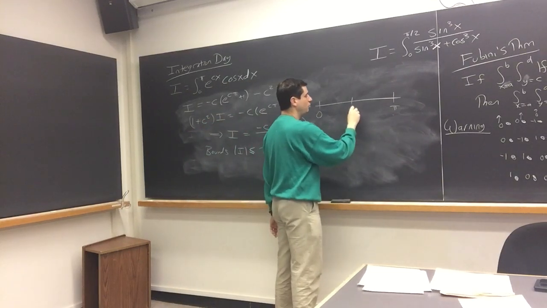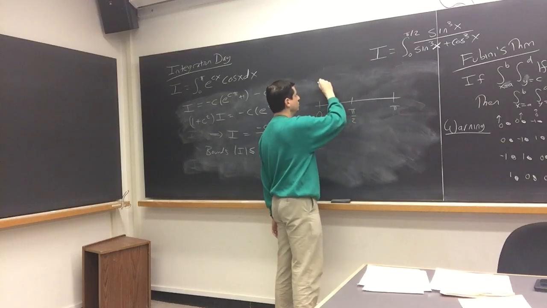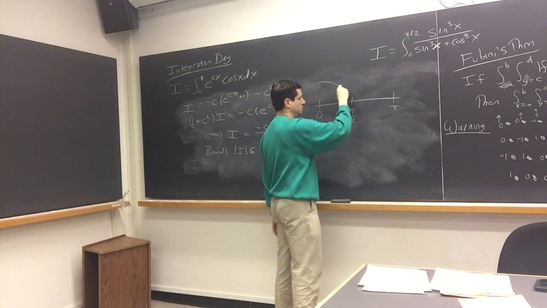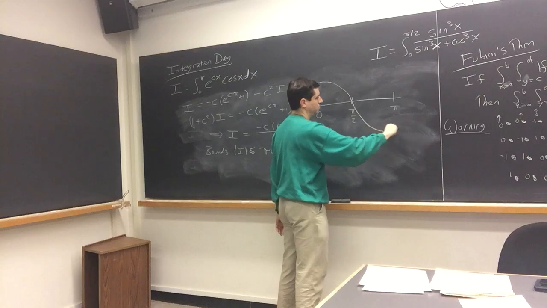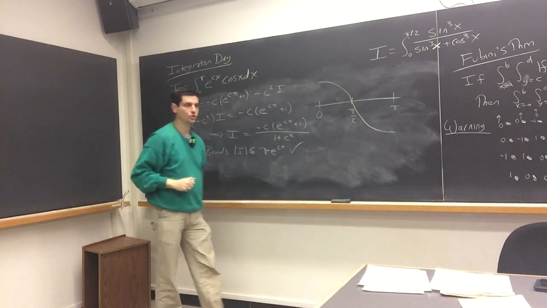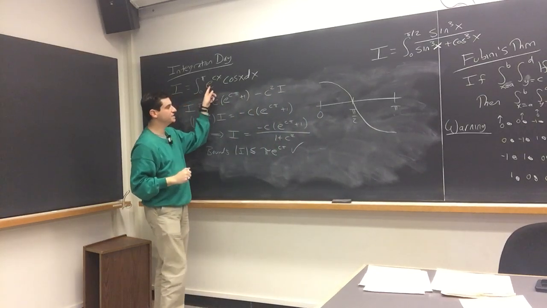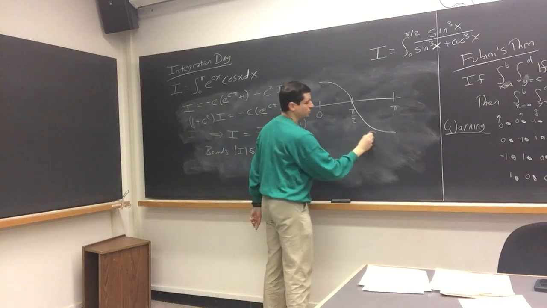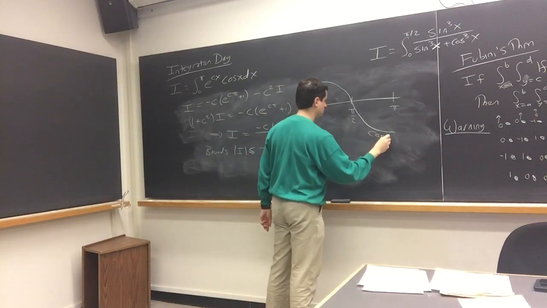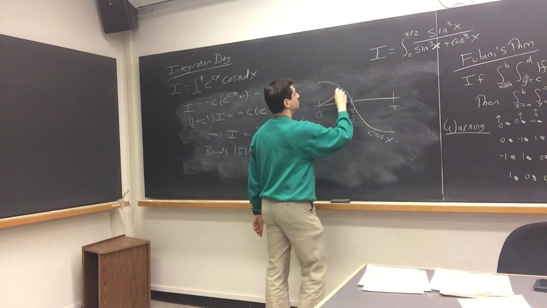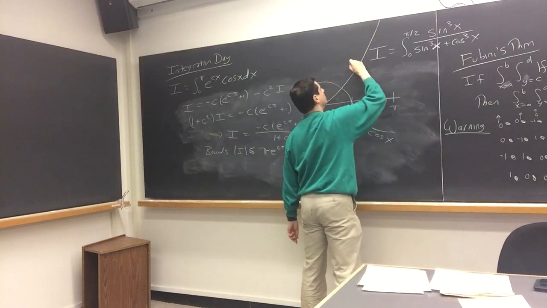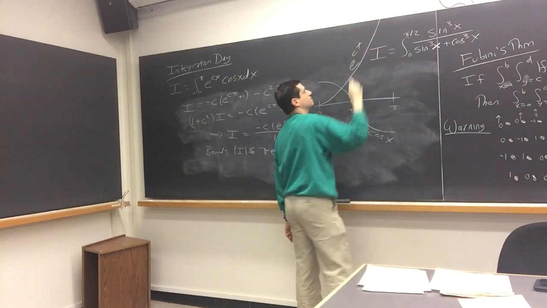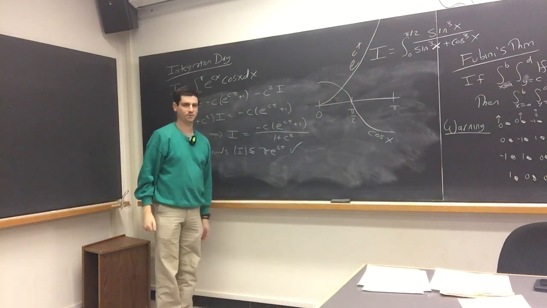Yeah, so here's the natural point. Pi halves. So cosine looks something like this. Right? So cosine looks like this. So this is cosine of x. And here's my function e to the cx. It's really revving up.